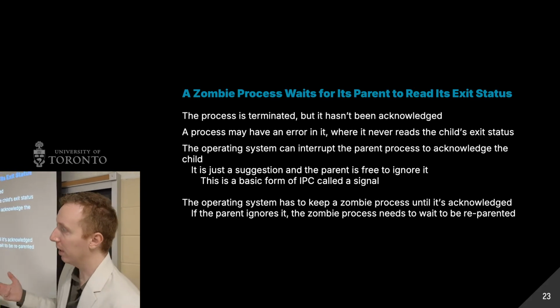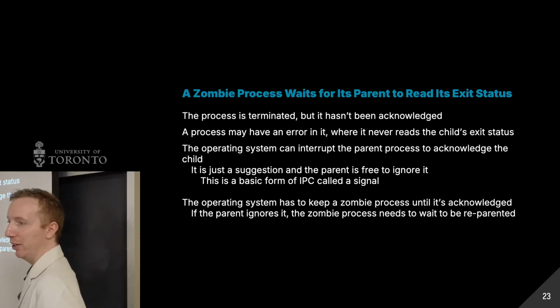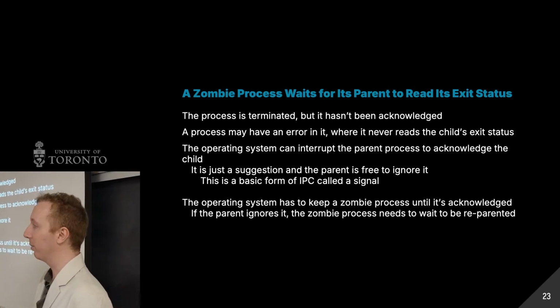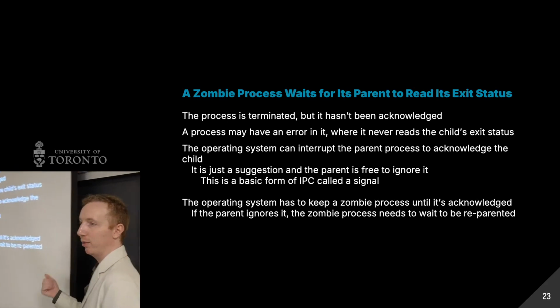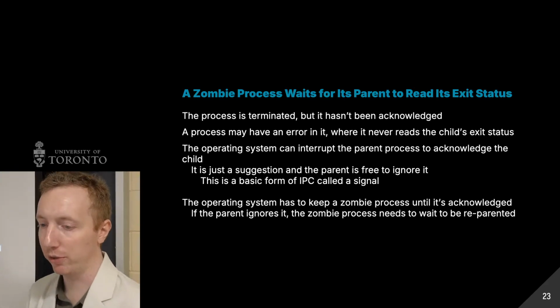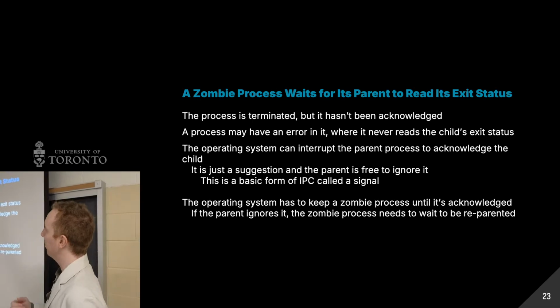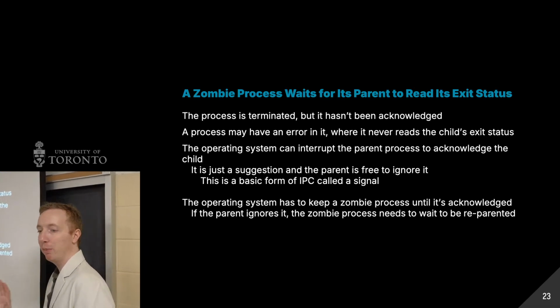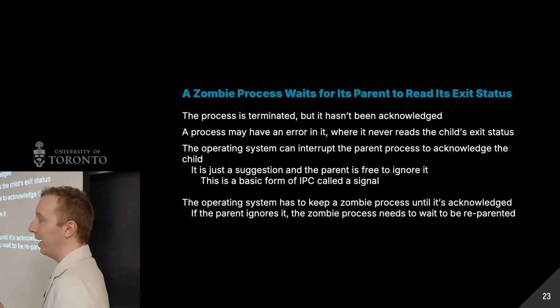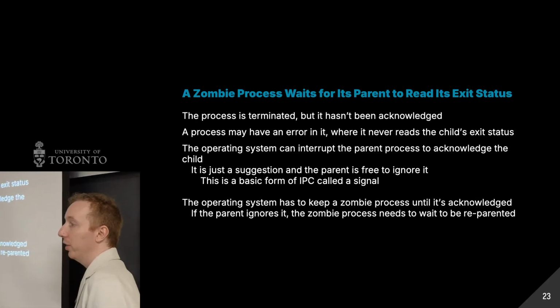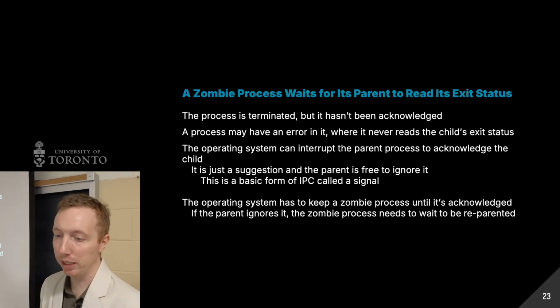So the operating system has a way to nudge your process to try and be a responsible parent, because as a responsible parent, you should always acknowledge your child. The operating system has a mechanism where it can interrupt your process and say, hey, your child has terminated. You should probably acknowledge it, please.